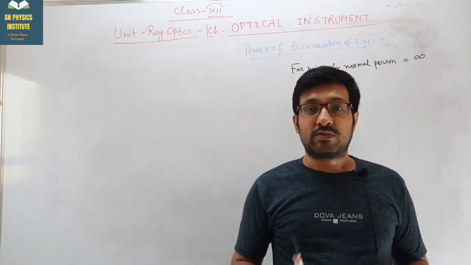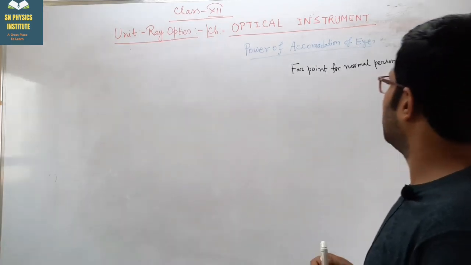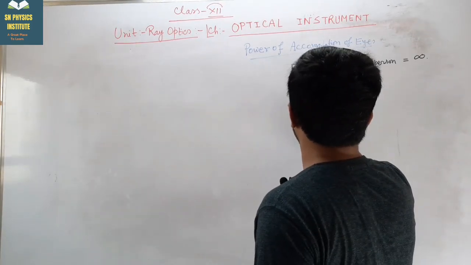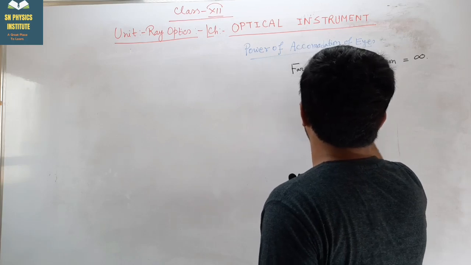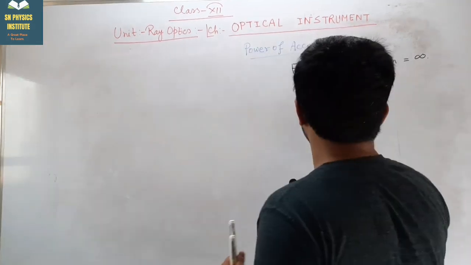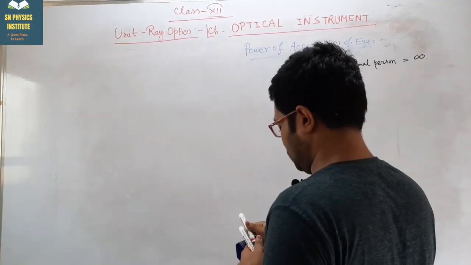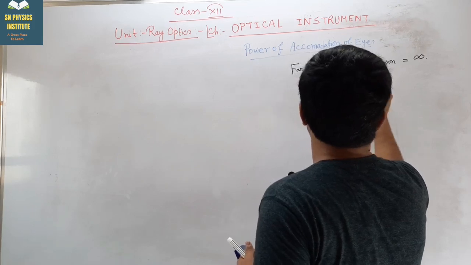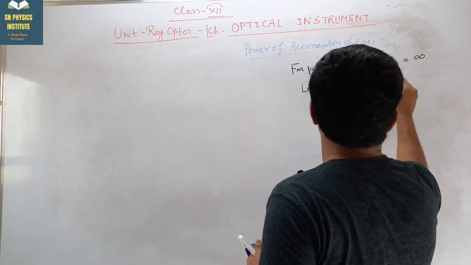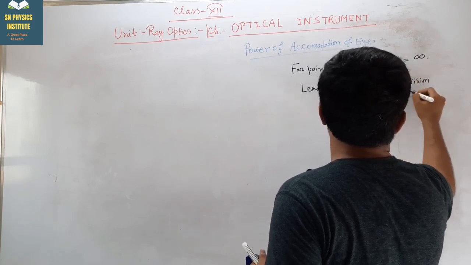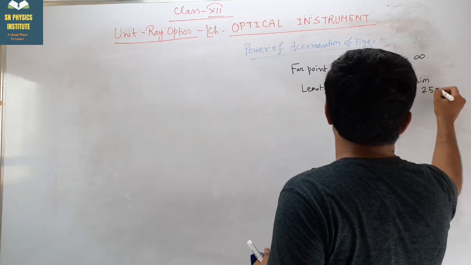That minimum distance is known as the least distance of distinct vision.